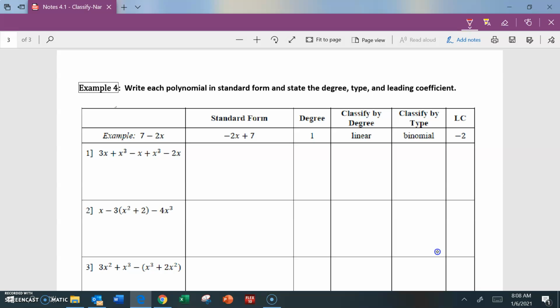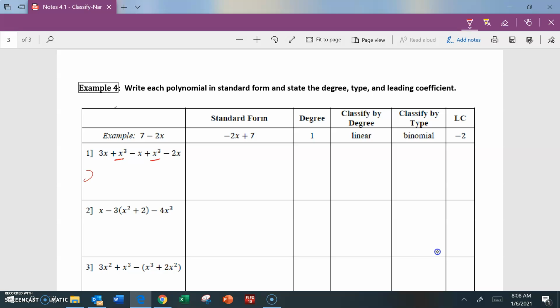So let me do this one with you just so you know what I'm talking about. It's going to help you for the notes that you do later this week. We're going to have to do some combining like terms, like you probably did in 6th, 7th, and 8th grade. So we have an x to the third and another x to the third.